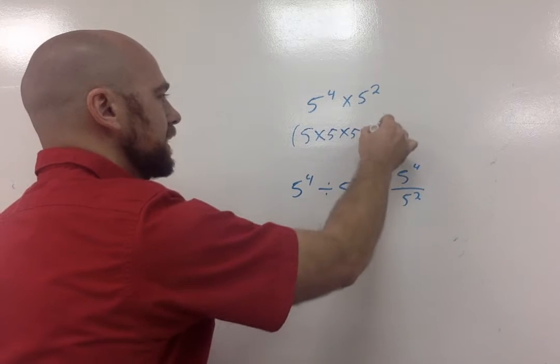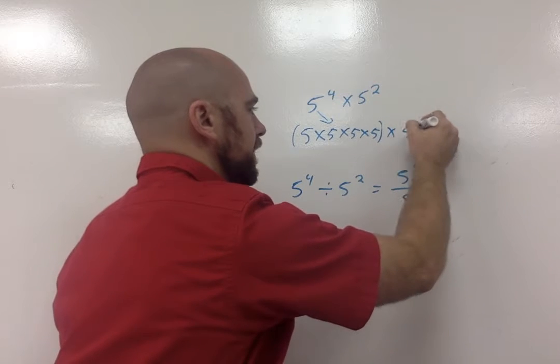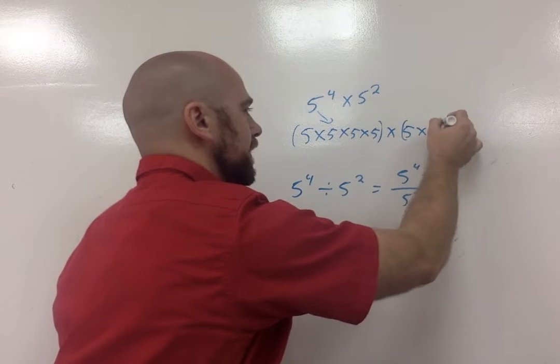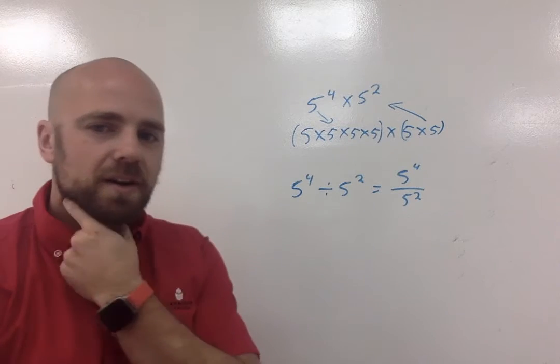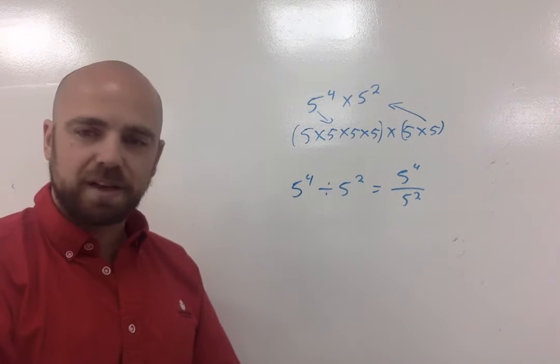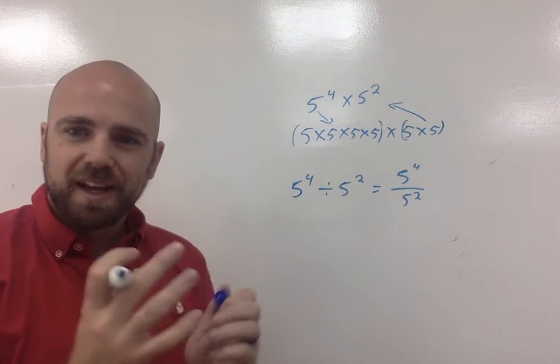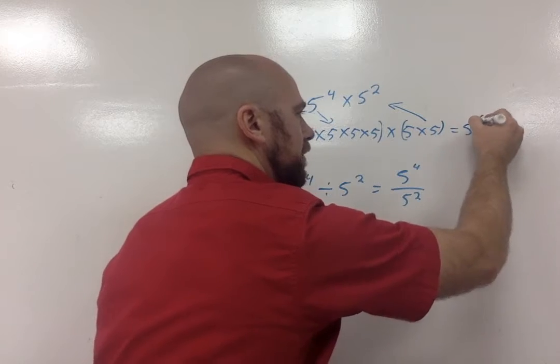This part here is going to be from here. And then we're going to say times 5 times 5. And this part is going to come from here. So technically speaking, what do we have? We have 5 multiplying by itself 6 times. So we can compress it, and we can say 5 to the power of 6.